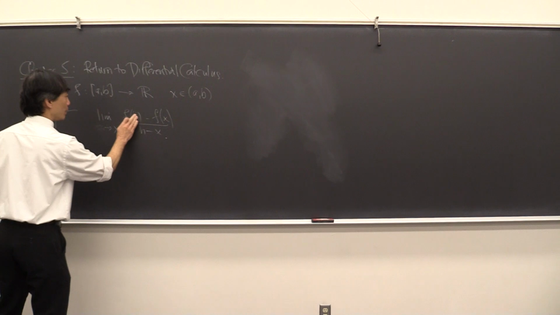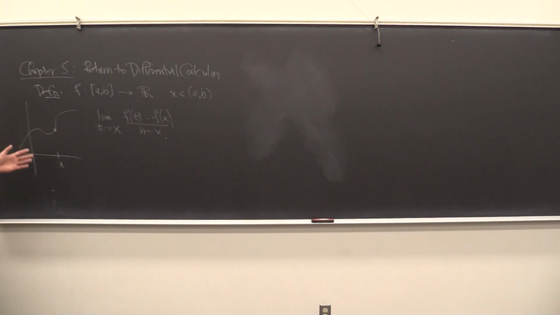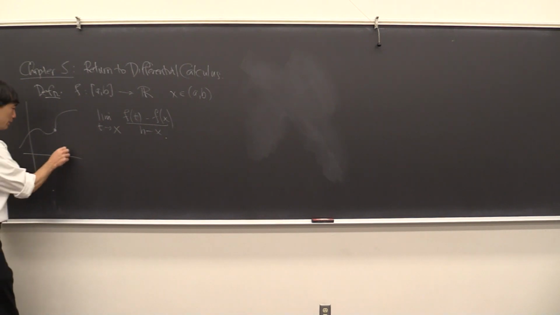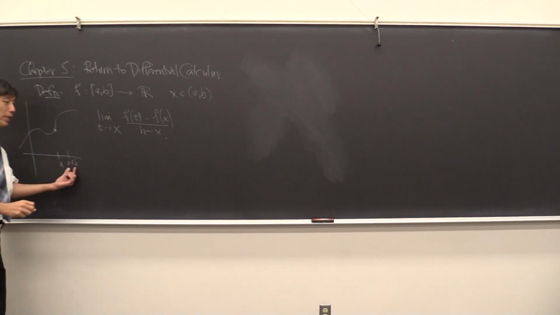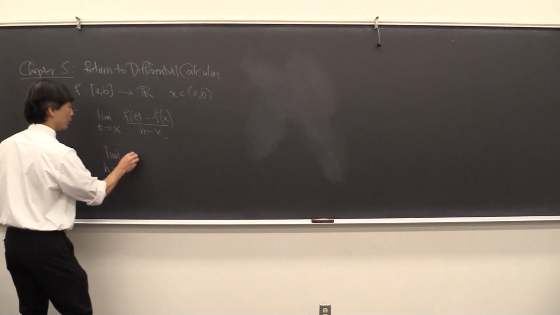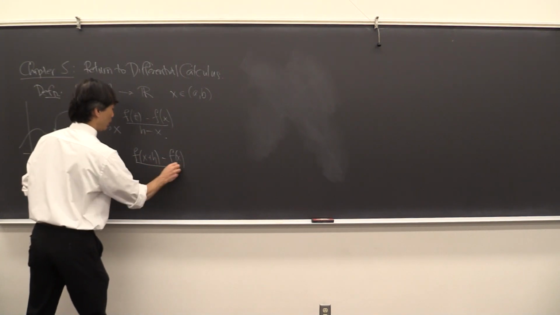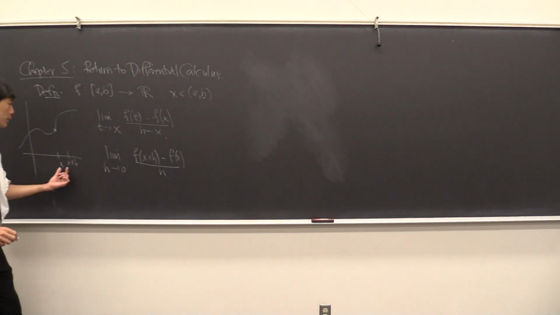Normally people use h for a difference, so they'll call this thing x plus h. And then you could just as well define it as the limit as h goes to 0 of f(x plus h) minus f(x) over h, where h designates the difference between these two points.